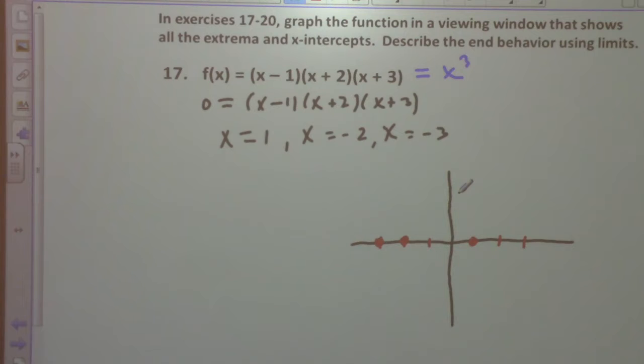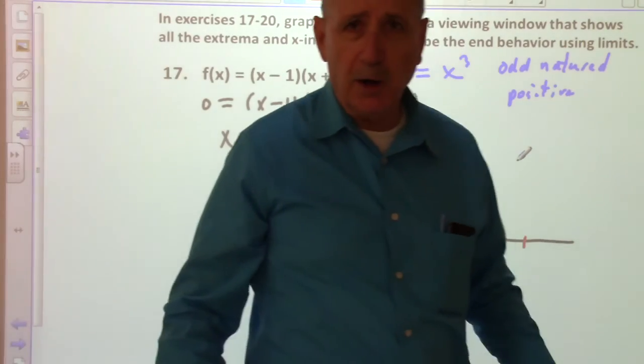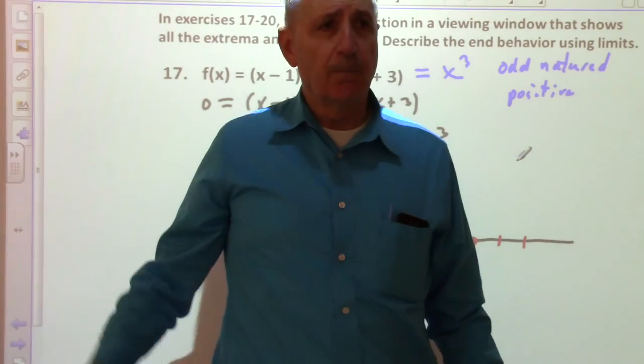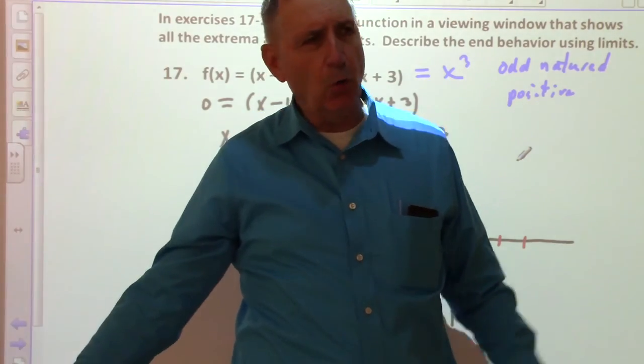And so the nature of the function is going to be odd because we have an odd degree. So it's odd natured or odd degreed and positive. So an odd positive polynomial function is going to start where? It'll start low and then high.